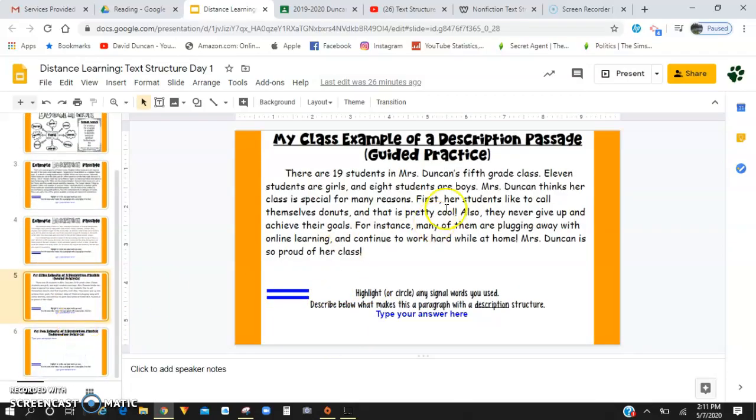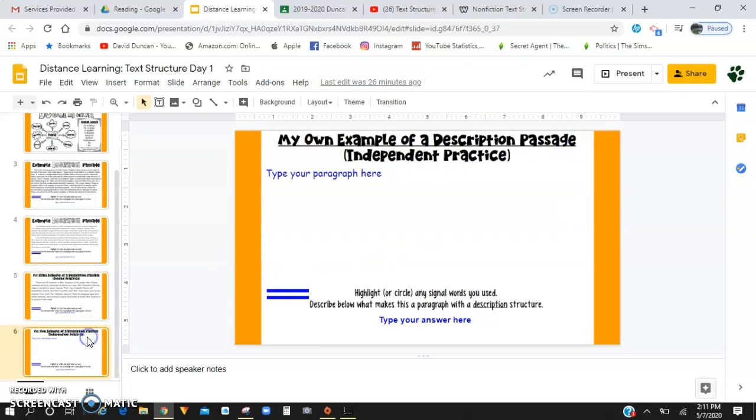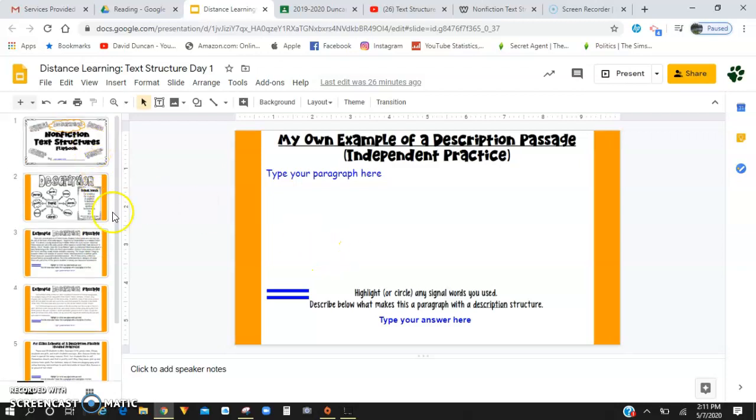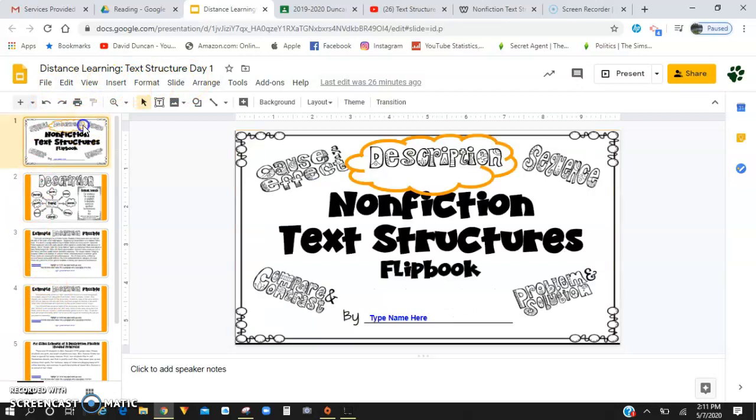We will then work on creating a writing passage using that text structure. Then last but not least, you will have to write a passage using the text structure that we're learning about. So there's going to be 6 slides total for each one of our text structure videos. In today's video, we are going to be learning about description.